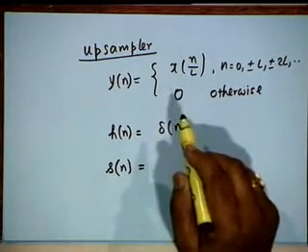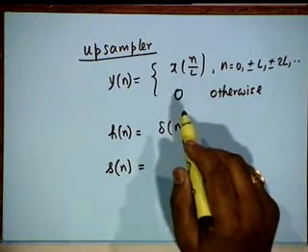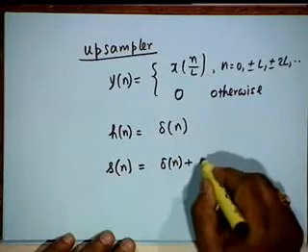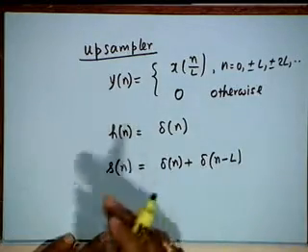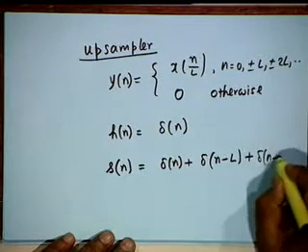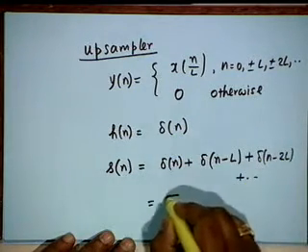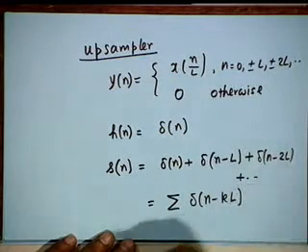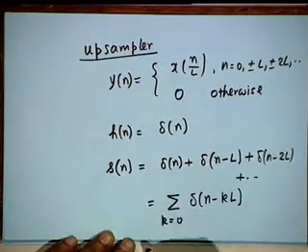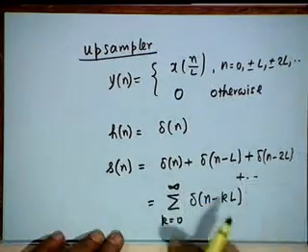U of n by L is equal to 1 when n equal to 0, plus L, plus 2L, and so on. For minus L, u of minus 1 is 0, and therefore this would be delta n plus delta n minus L. In between it shall have L minus 1 zeros, plus delta n minus 2L and so on, which amounts to the fact that this is the summation of delta of n minus kL, where k goes from 0 to infinity. Agreed? So this is the response.